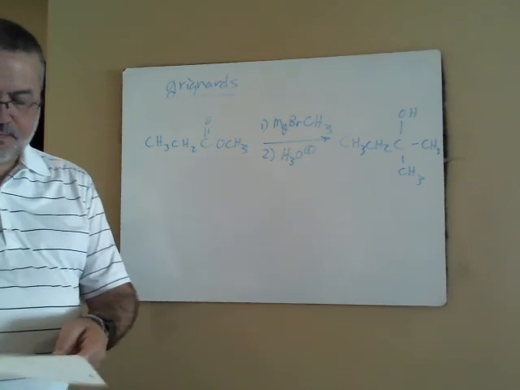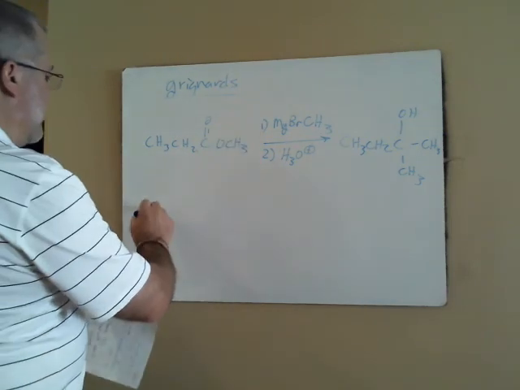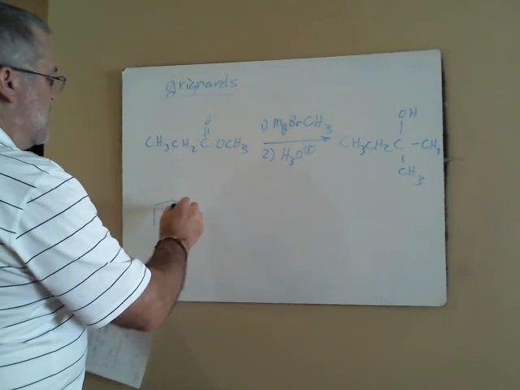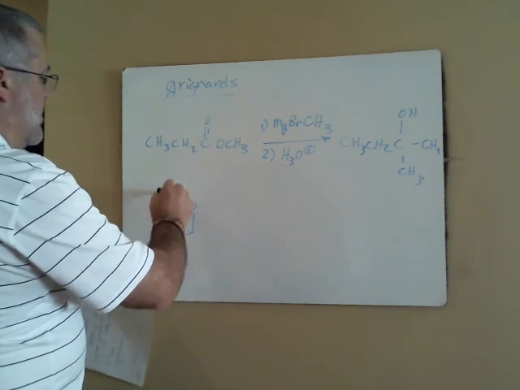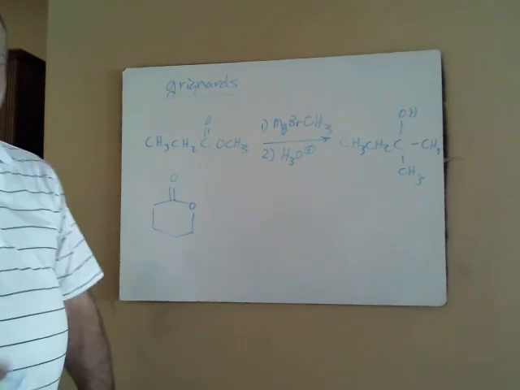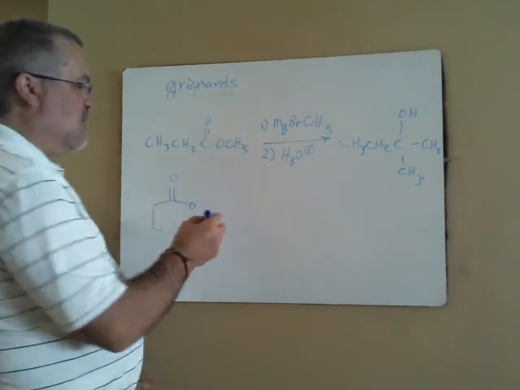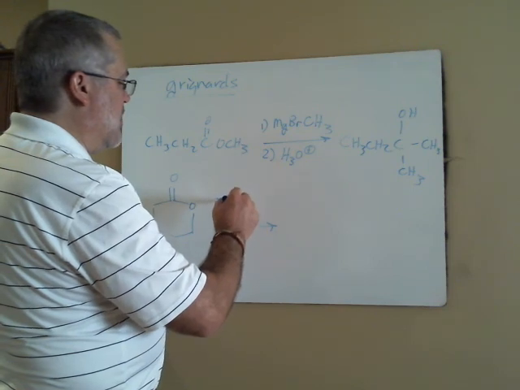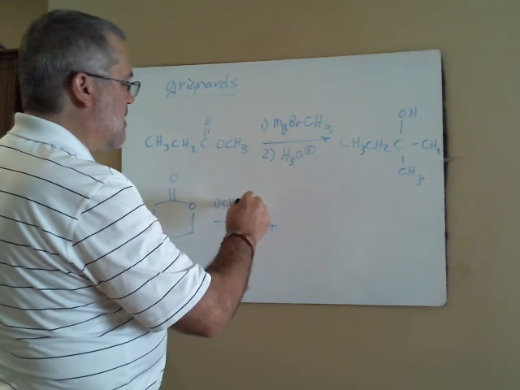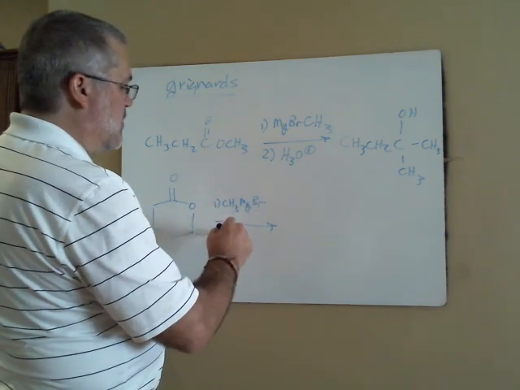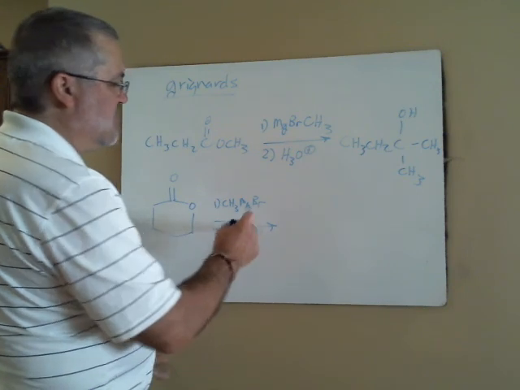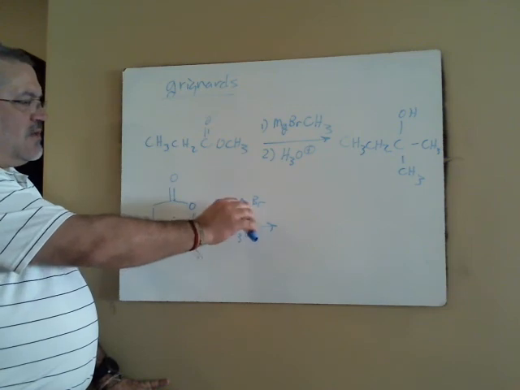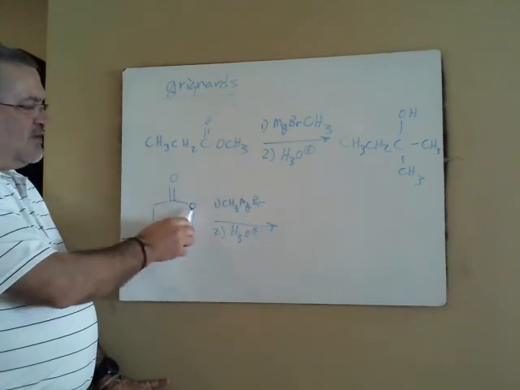Okay? Now, in the same way we saw before, and just to make sure that we understand this, if you had a lactone, so you had a cyclic ester, when I reacted it with the Grignard, and let's use the same one. Remember, 2 equivalents are actually going to react. We have the aqueous acid workup. So the first one, the methyl is going to add as a nucleophile and do the substitution.